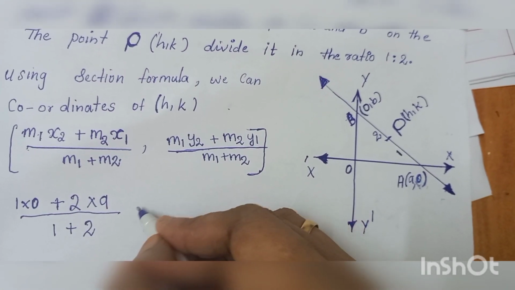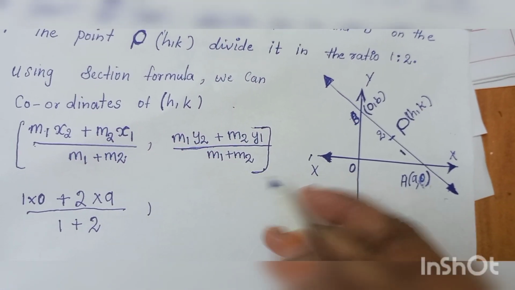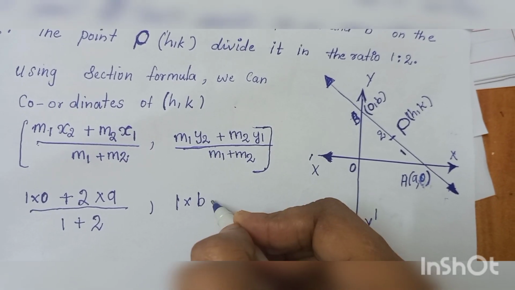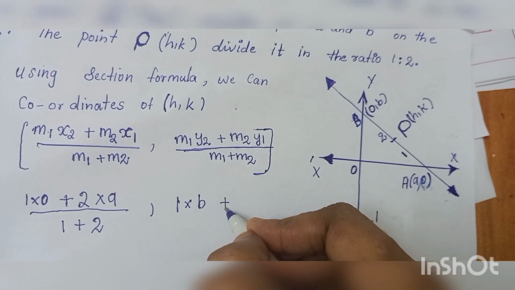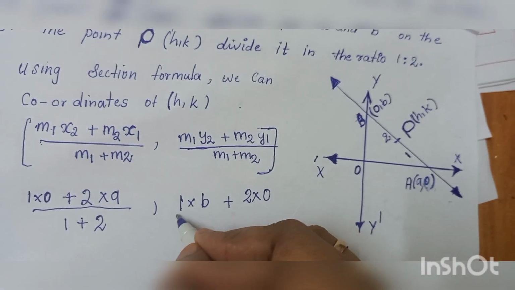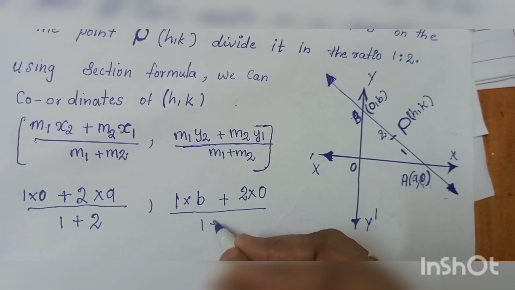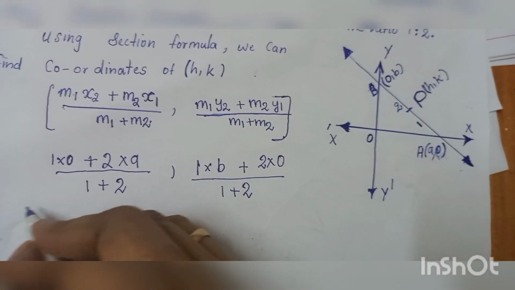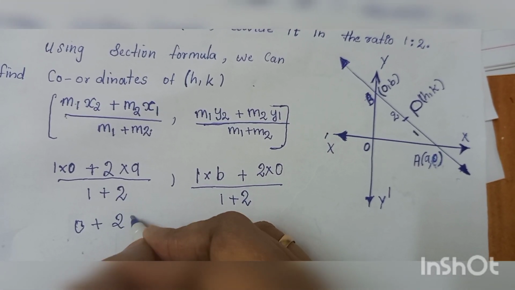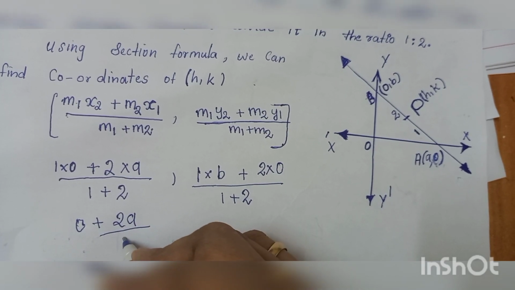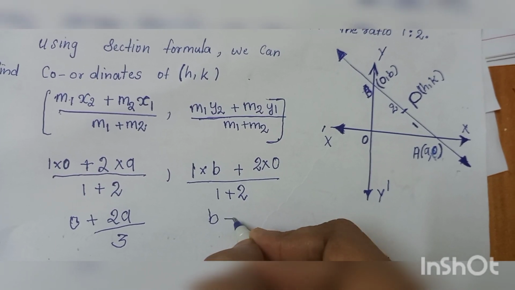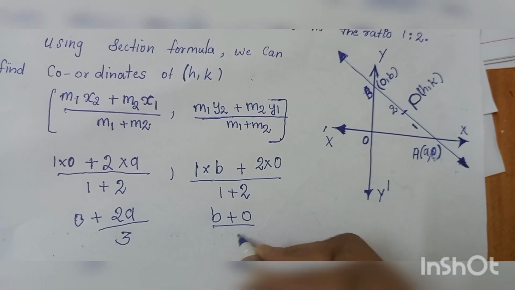Then next one, m1 is 1 into y2, which is b, plus 2 into y1, y1 is 0 here. Whole divided by 1 plus 2. So we get 1 into 0 plus 2a whole divided by 3, and similarly b plus 0 whole divided by 3.